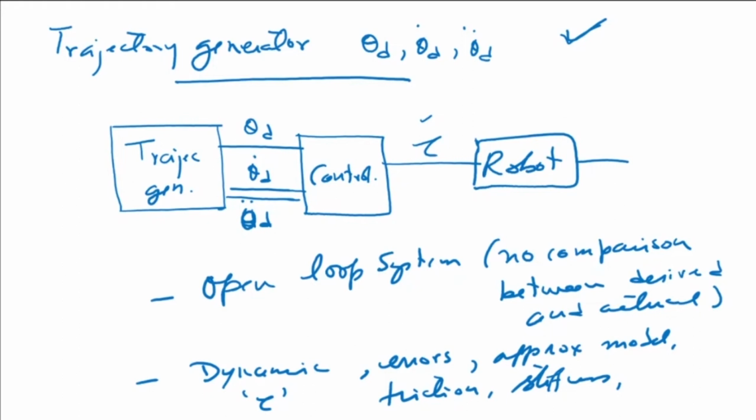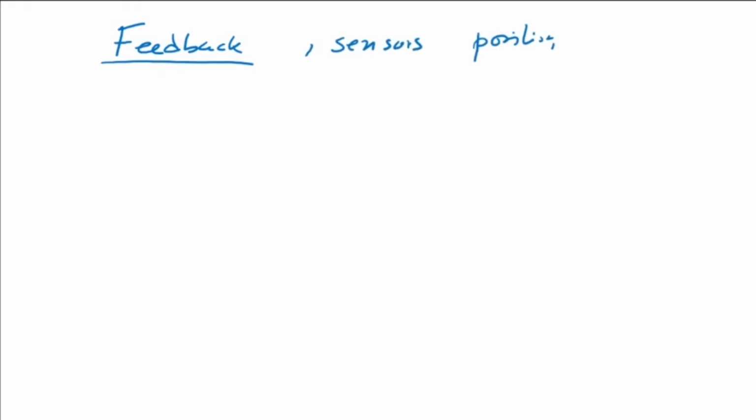So what is done is that we need to use some kind of feedback. So open loop is not done, a feedback controller is made. Now feedback between what? We can use different sensors that we studied, different position sensors, for example, and make a comparison between the desired theta and the actual theta and call it an error E. If I take the derivative of this, then we get theta d dot minus theta dot is equal to E dot.